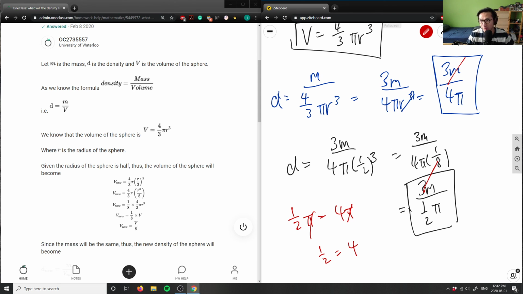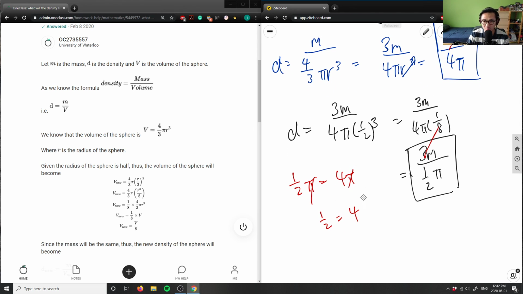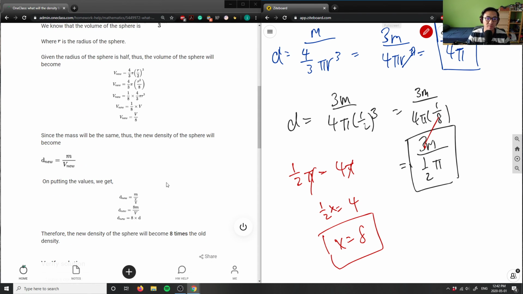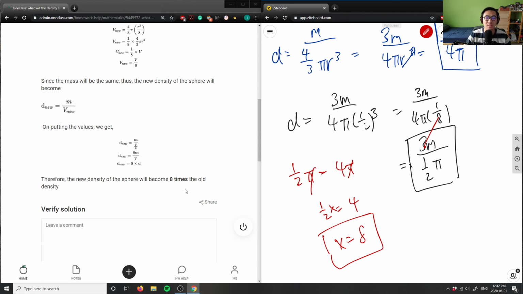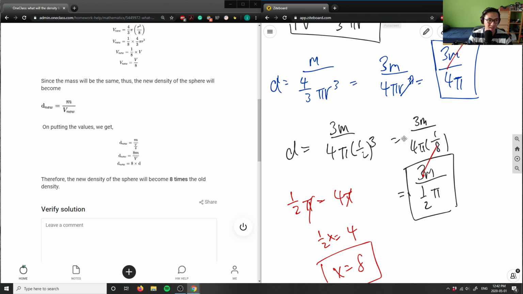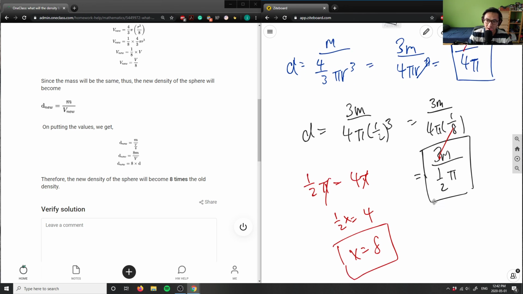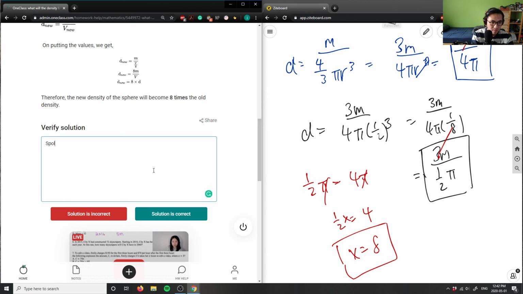I'm going to need half times x, or c or whatever you want, and x would have to equal 8 to satisfy this equation. So the density of a sphere would be 8 times the old density. So this solution here is correct. I messed up and said 4 times 8 is 2, whereas it's actually 1/2. I forgot to include the half. Sorry about that.